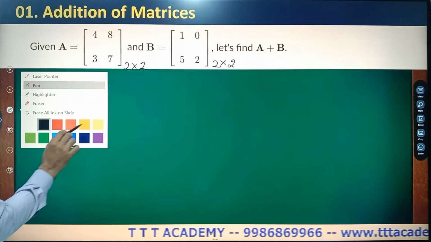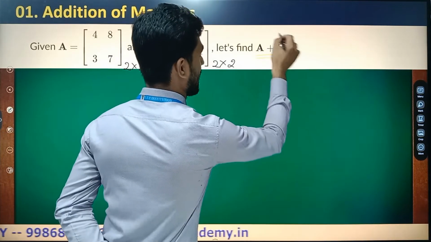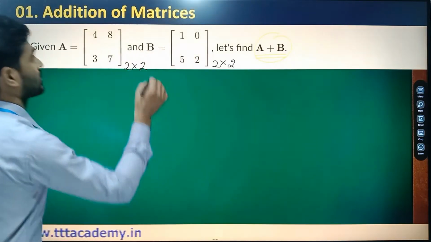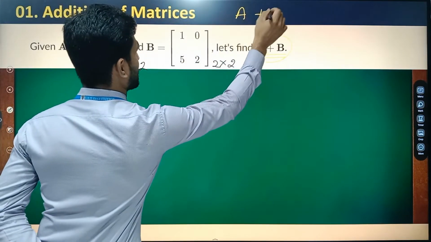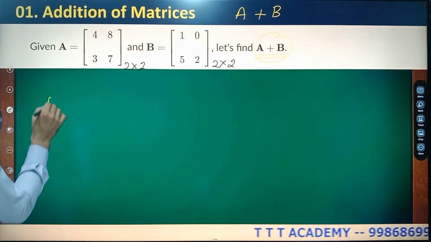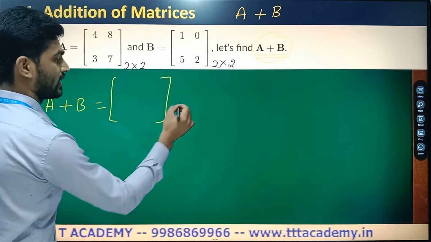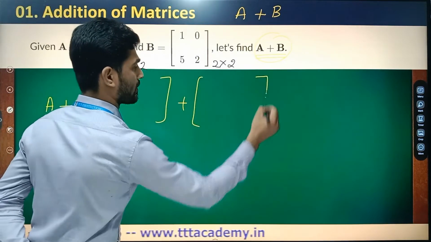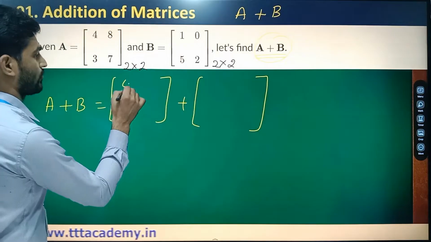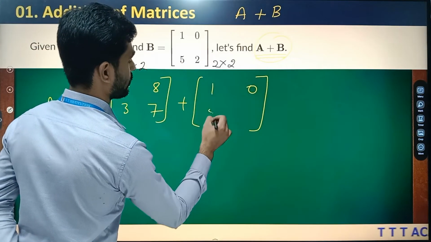My aim is to find the addition of A matrix and B matrix, that is A plus B, meaning adding two matrices. So A plus B equal to A matrix, which is 4 8 3 7, plus B matrix, whose elements are 1 0 5 2.